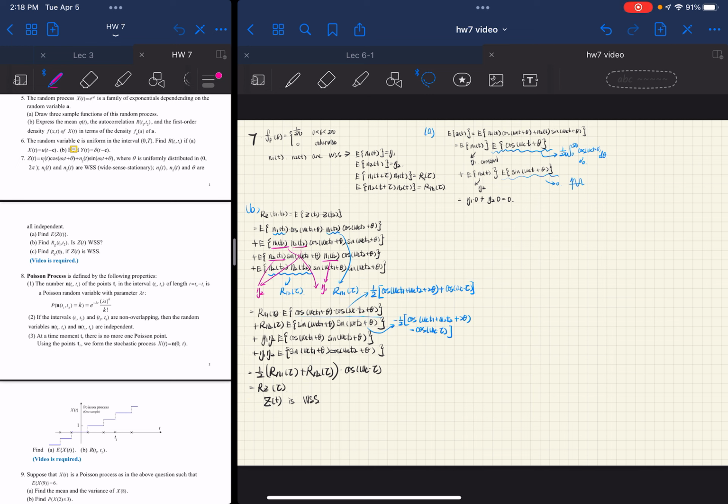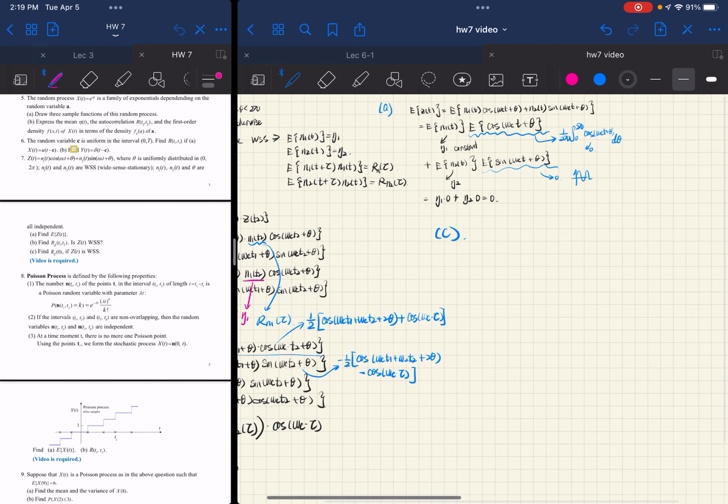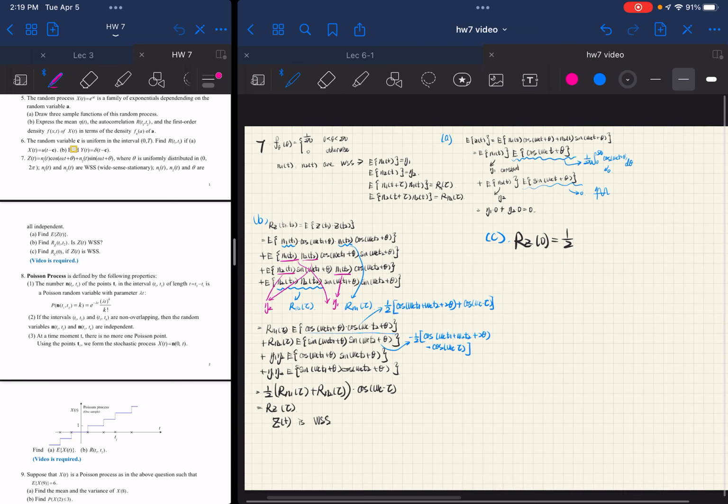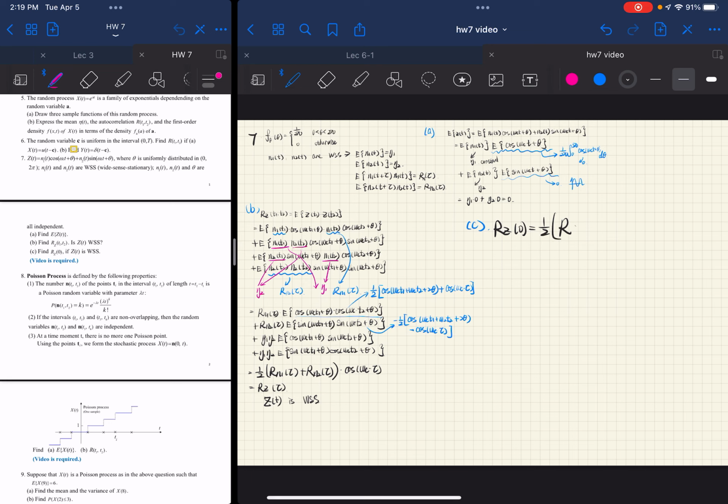And for question C, we are asked to find R_Z(0), so we just plug in 0 for tau, which indicates that t1 is equal to t2. So here we have R_n1(0) plus R_n2(0) times cosine 0, which equals 1.